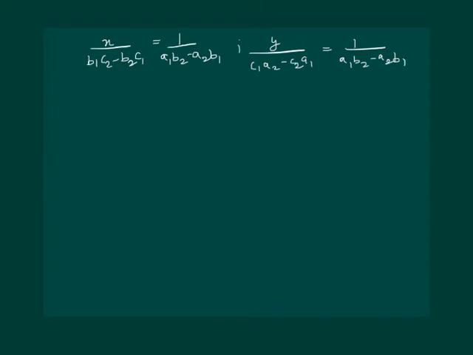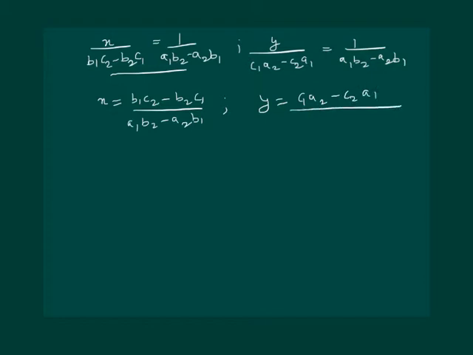From the first equation, we get x equal to b1 c2 minus b2 c1 by a1 b2 minus a2 b1, and from the second one we will get y equal to c1 a2 minus c2 a1 whole by a1 b2 minus a2 b1.